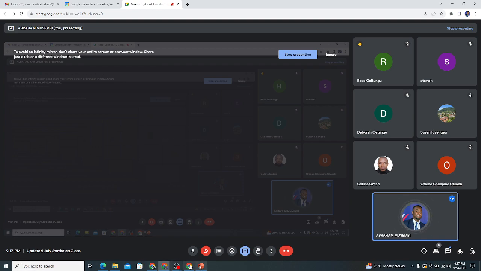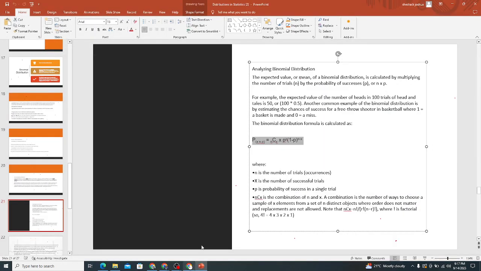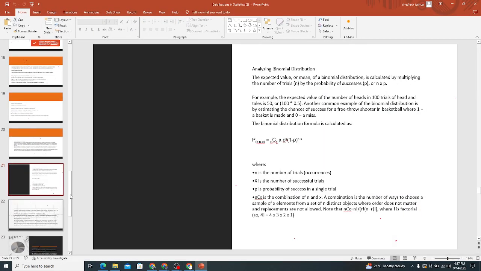So basically, that's what binomial distribution entails. Maybe to go through these notes, we are saying that the expected value or the mean of a binomial distribution is calculated by multiplying the number of trials by the probability of success, which is n multiplied by p. Basically, this is the mean.